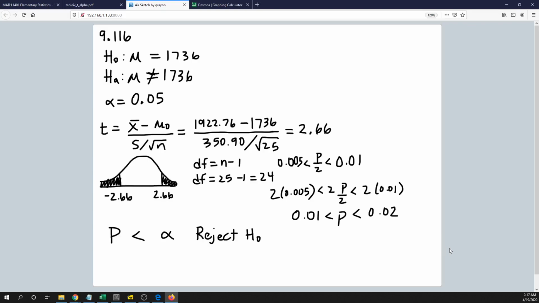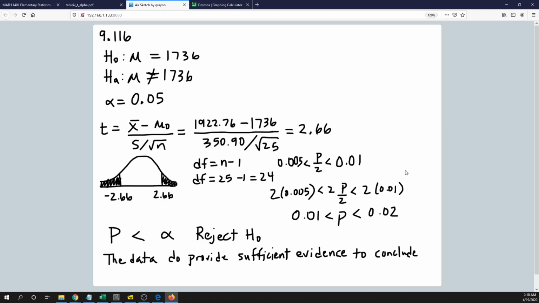All right, and now our conclusion. The data do provide sufficient evidence to conclude... all right, let's look back.